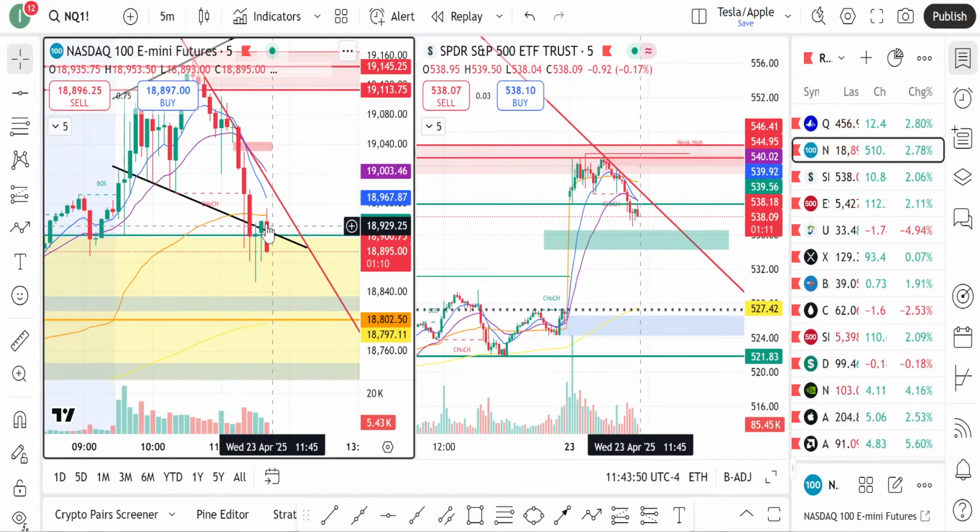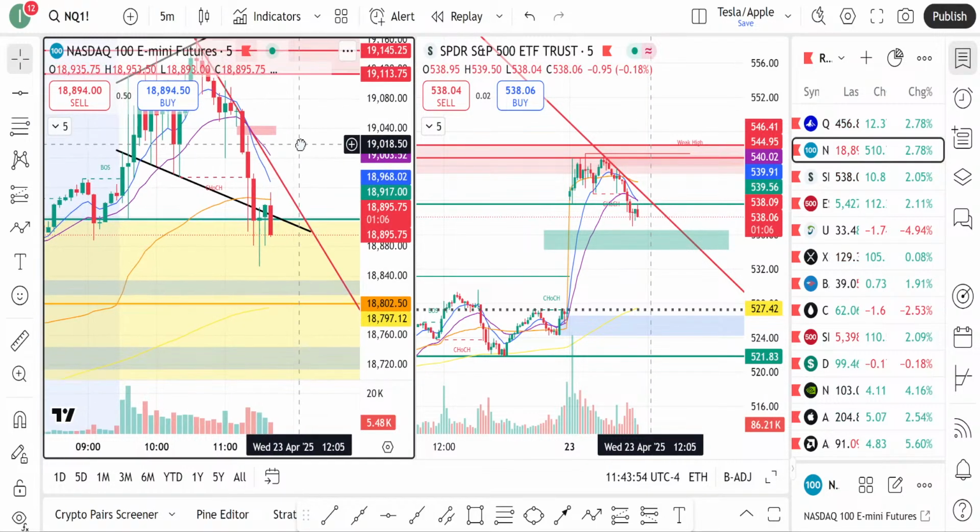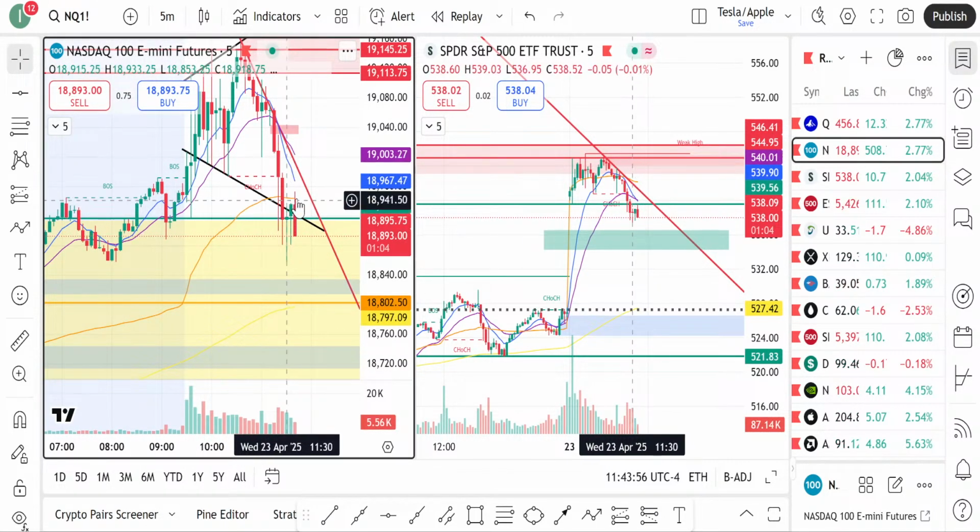I see NQ here rejecting off the VWAP. Pretty strong rejection of the VWAP here.